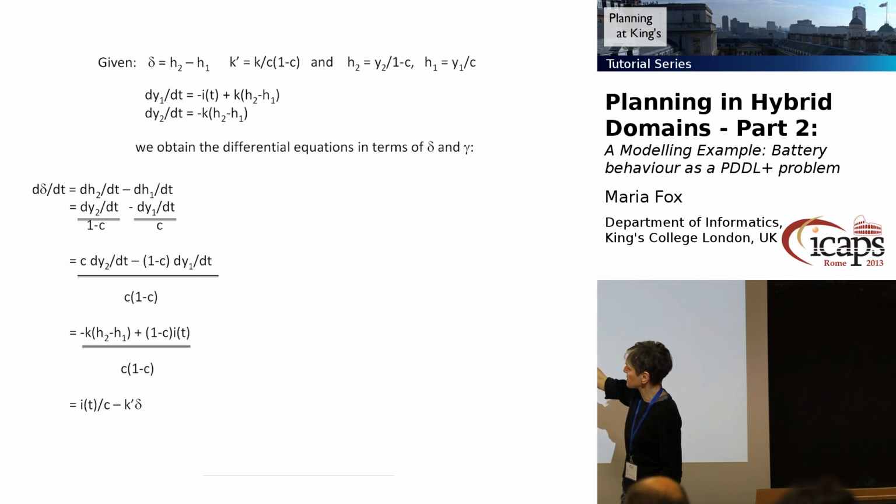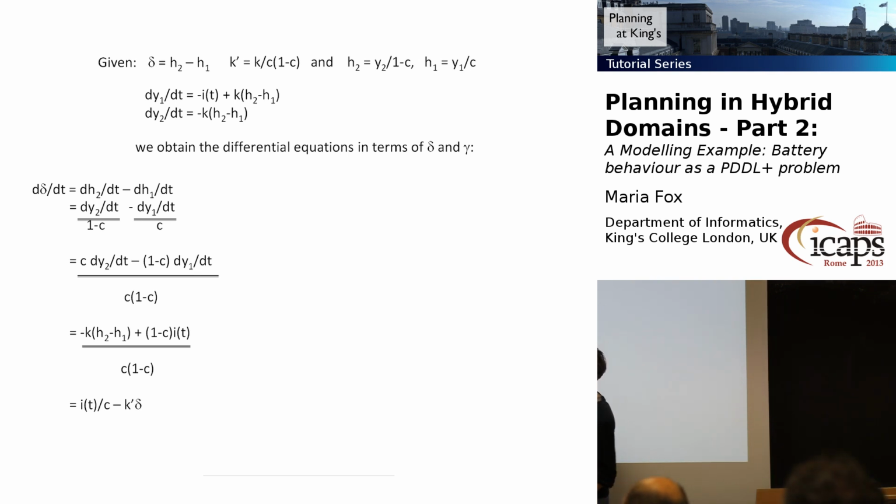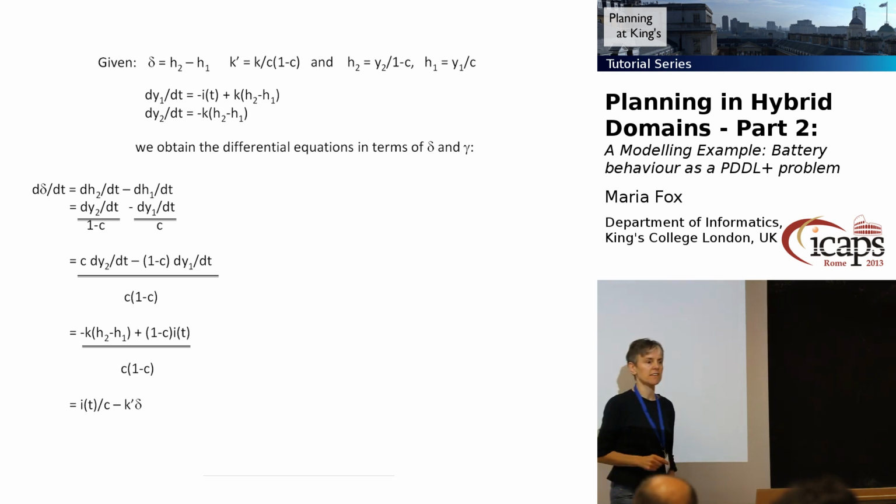Then we just work through the process by algebra. This is the point at which we use the differential equations for y1 and y2, substitute them in and do all the algebra, and out comes this result: d delta by dt equals i over c minus k prime delta.